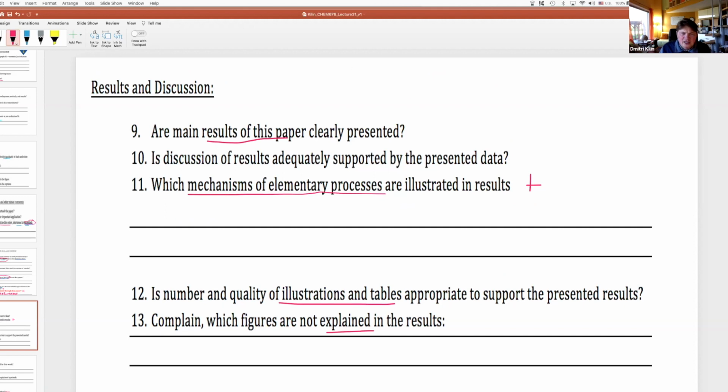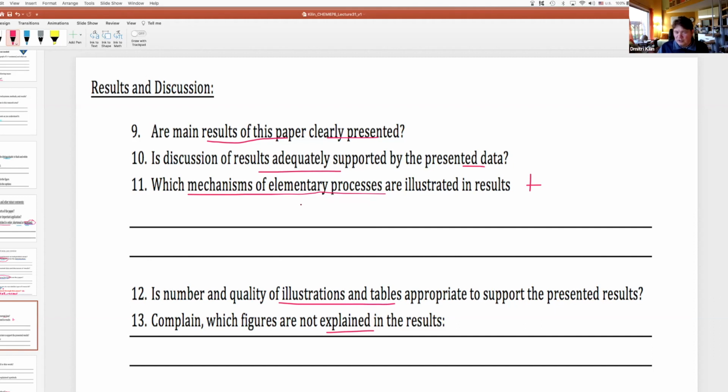Results and discussion. Are results clearly presented? Are all written statements supported by presented data? And can the reader see mechanisms of elementary processes? Elementary processes are, for example, electron promotion from occupied to unoccupied when you photoexcite, or it can be a spin flip that you model, or adsorption, desorption.